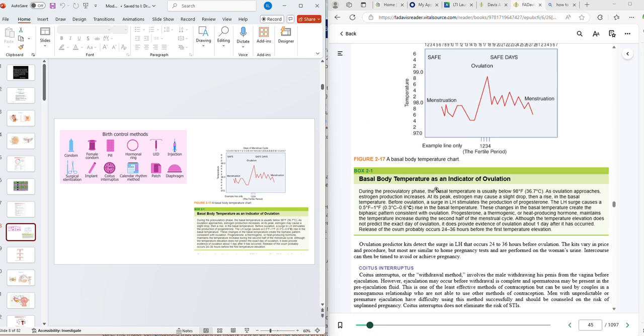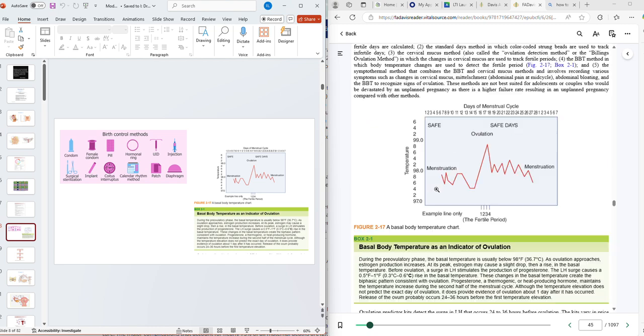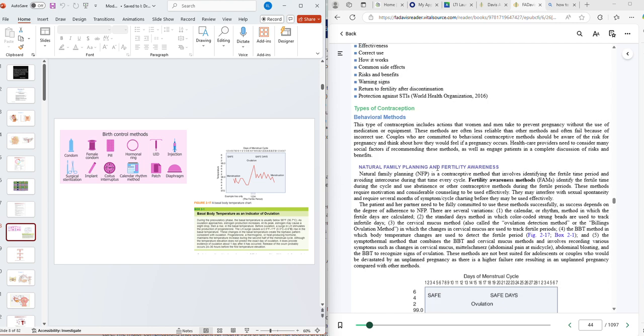Types of contraception. Okay. So there's lots of different types. You can see the birth control methods over here as well. And this is just the page that's in your book.